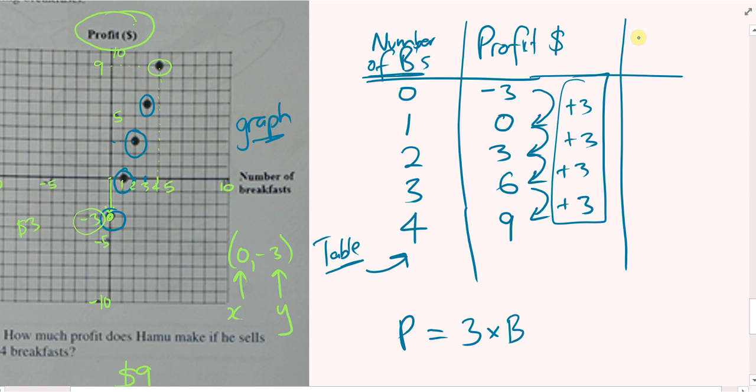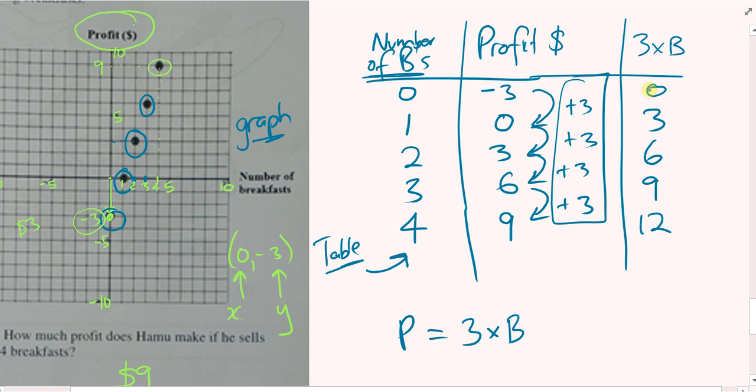So forming another column, 3 times B. When B is 0, 3 times B is also 0. When B is 1, 3 times 1 is 3. When B is 2, 3 times 2 is 6. So we can see these numbers forming here.